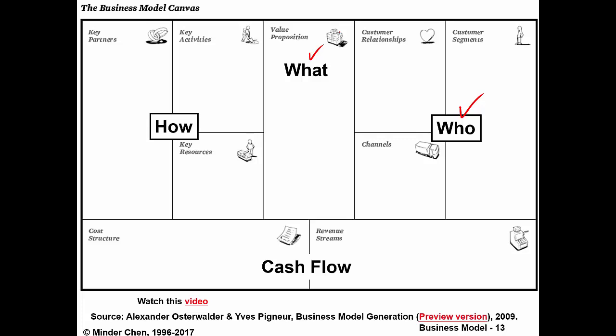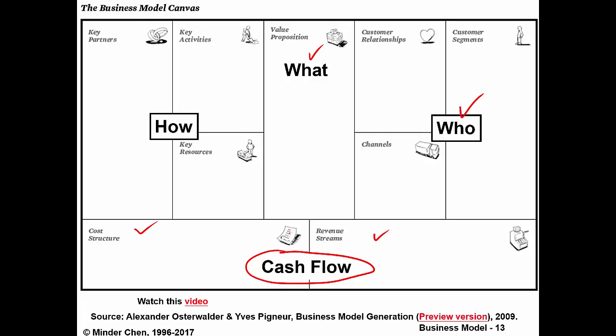And on the left-hand side is how you're going to create and deliver the value proposition, which is your product and services. And the revenue streams and the cost structure imply the cash flow of your business.